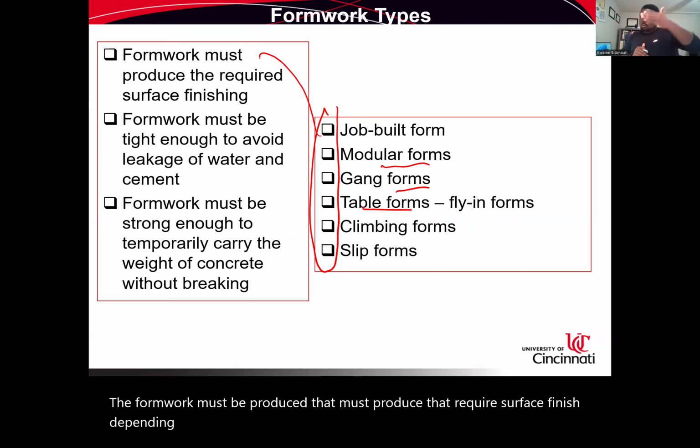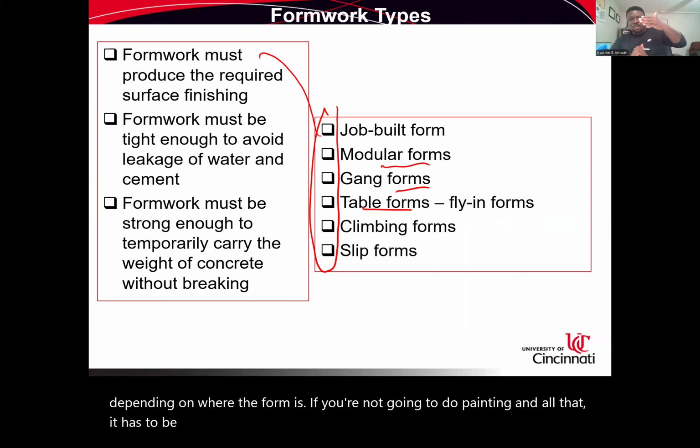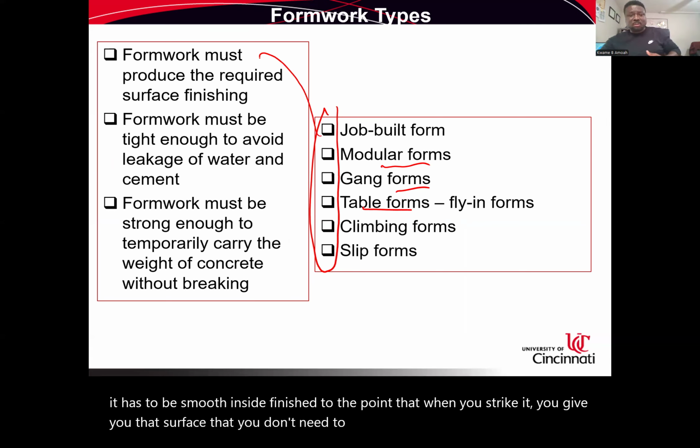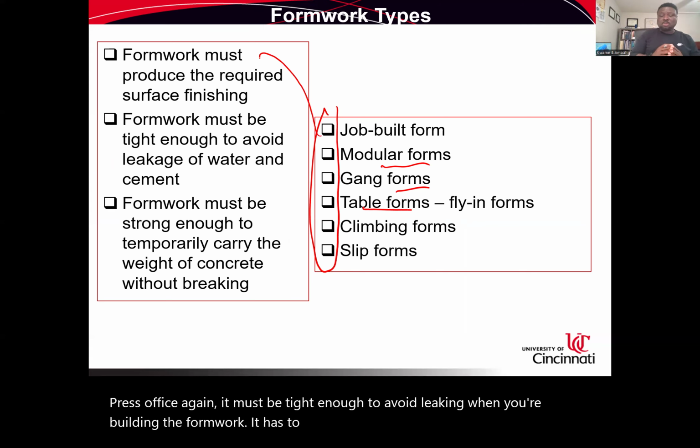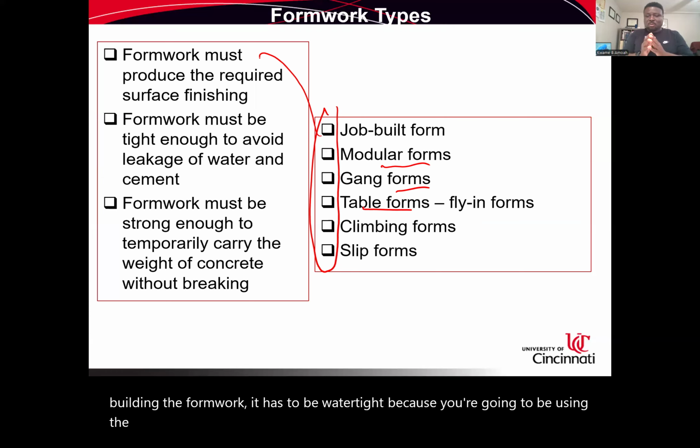If you're not going to do painting and all that, it has to be a smooth inside finish to the point that when you strike it, it gives you a surface that you don't need to do anything with the concrete surface again. It must be tight enough to avoid leaking. When you're building the formwork, it has to be watertight because you're going to be using the cement and water ratio, whatever. So if it starts dripping, you won't get the required strength you're looking for.